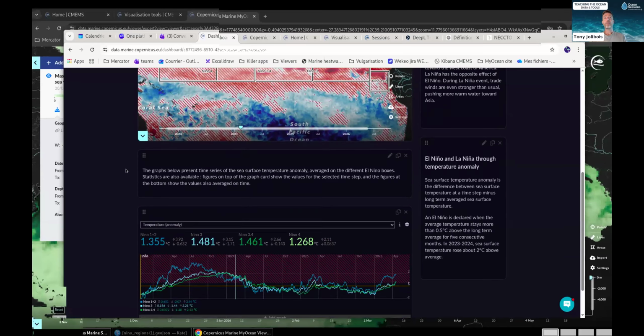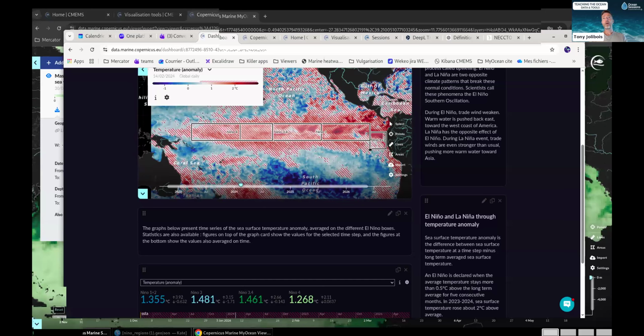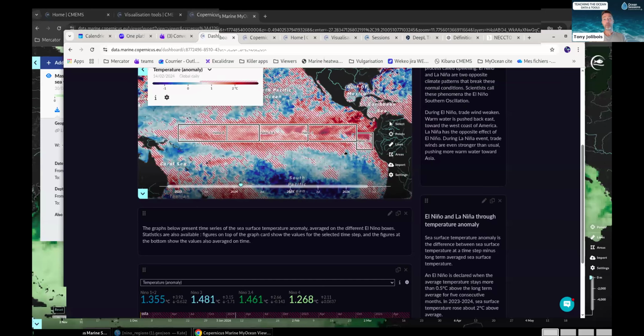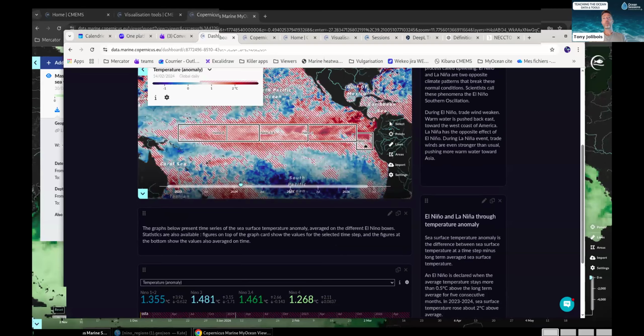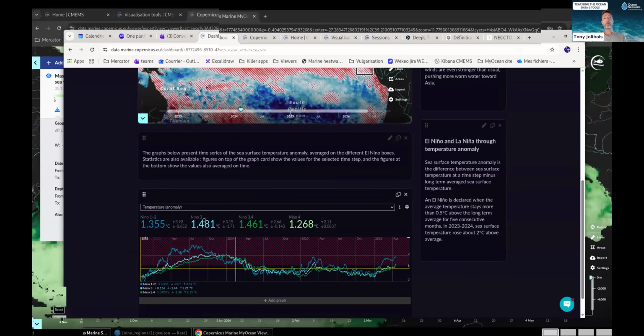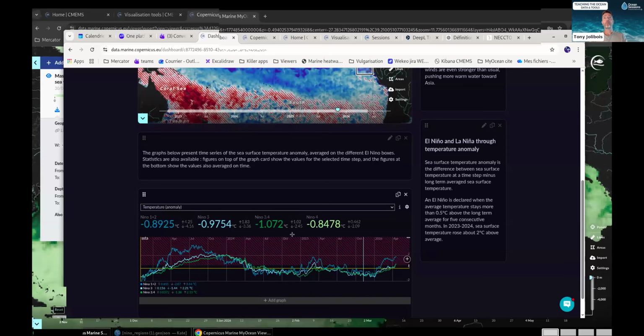Here, the graph presents the time series of the temperature anomaly averaged on each box. So you have here in blue the Niño 1+2, the Niño 3, Niño 3.4, and Niño 4. So it's very easy with that kind of graph to see an El Niño event or La Niña or a neutral situation.